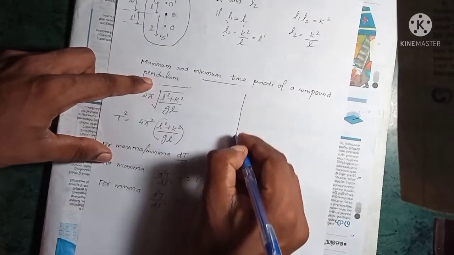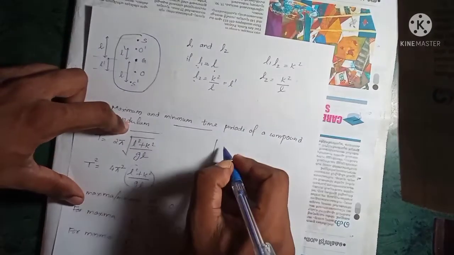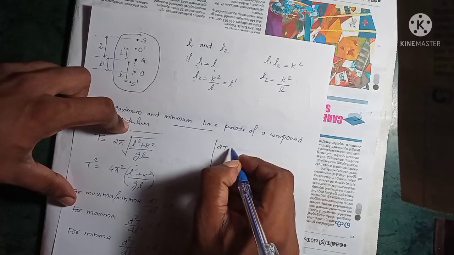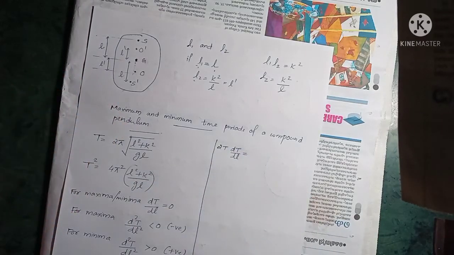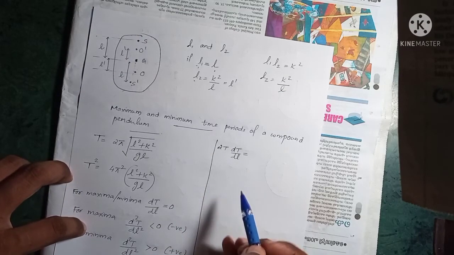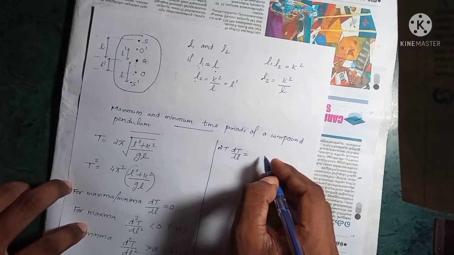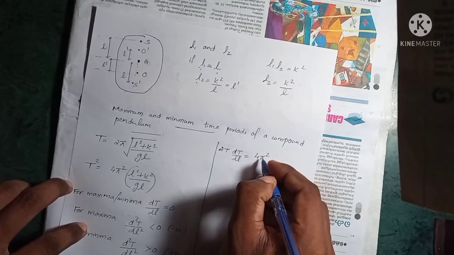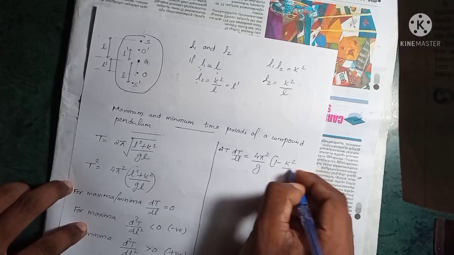So now we take the derivative of this expression. So this will be 2T dT by dL equals, so I'm not doing the complete steps of derivation. You can do that by yourself. The final expression will be 4 pi square upon g times 1 minus K square upon L square.